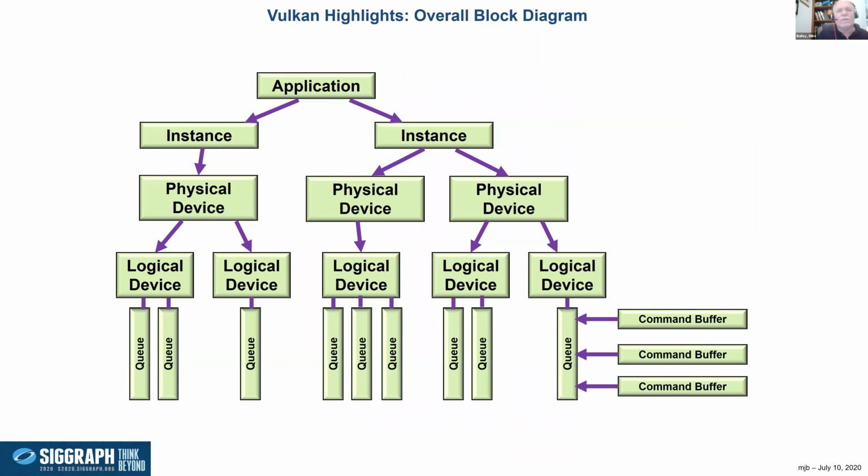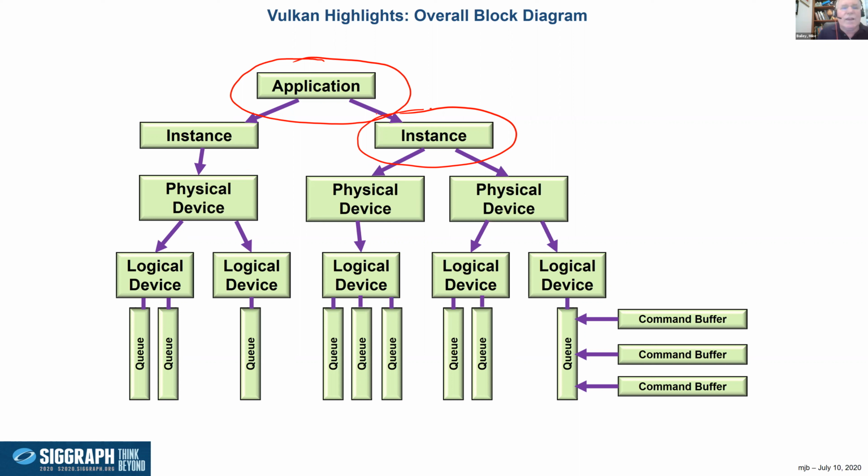All right, here's sort of the overall structure of a Vulkan application. You've got the Vulkan application over here. You create something called an instance, and I wish they hadn't done this. Instancing means something when you're doing graphics, but here it means a set of devices with certain properties.